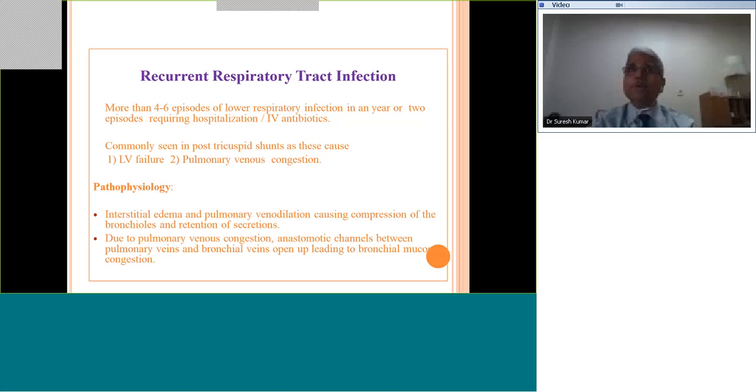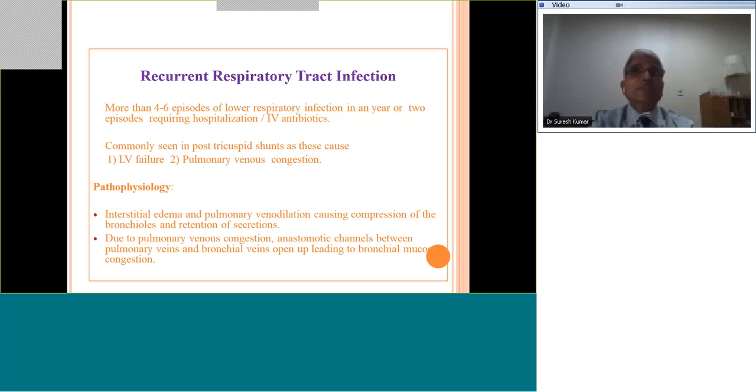Why do you want to lay down criteria like this? Respiratory infections, particularly upper respiratory infections, are very common in children. So if you want to draw the conclusion that this is significant to be correlated with a potential heart disease, the severity of the respiratory infection should have some yardstick to measure.